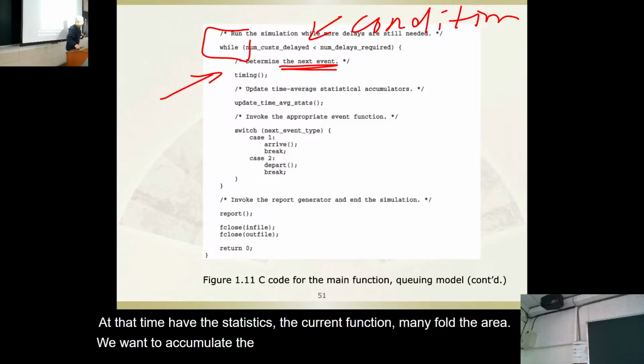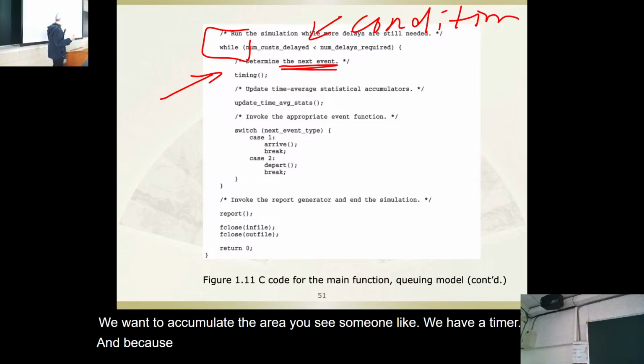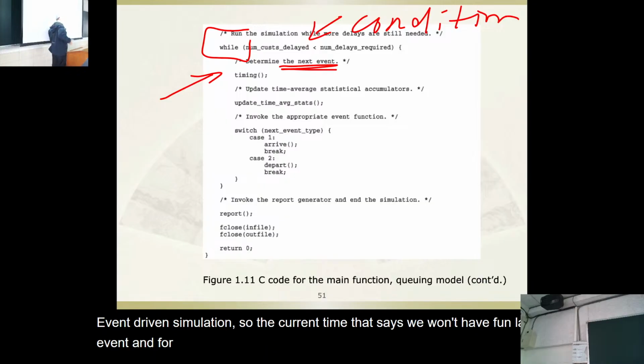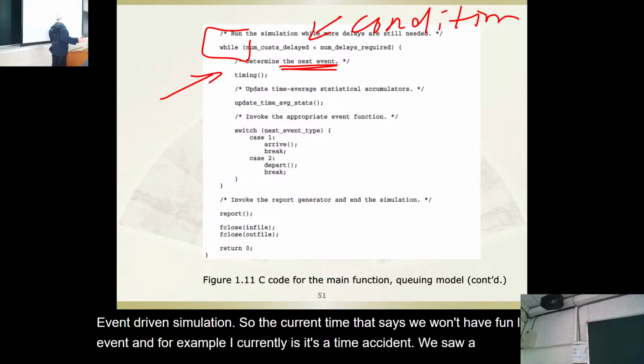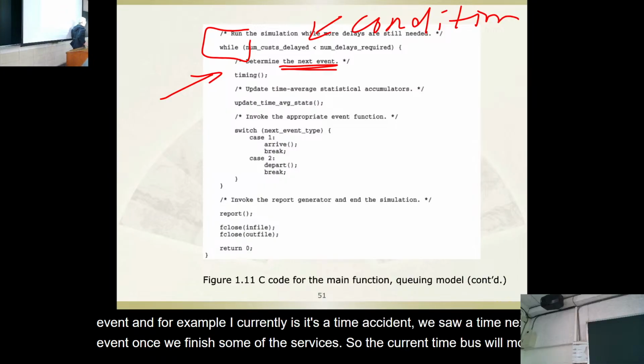You see, something like we have a timer. Because of event-driven simulation, the current time says we will have a time of last event. We store the time of last event once we finish some of the statistics. So the current time, but we will move to a new event time.